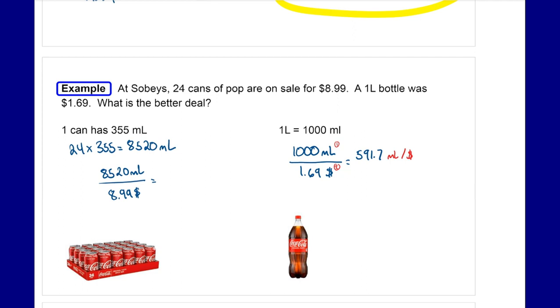So 8,520 divided by 8.99 gives me 947.72, and it's going to be milliliters per dollar.